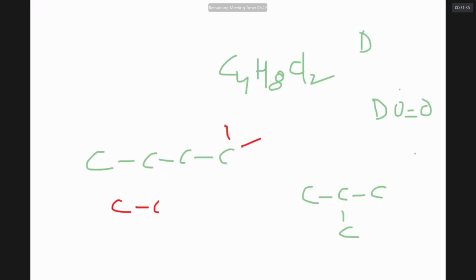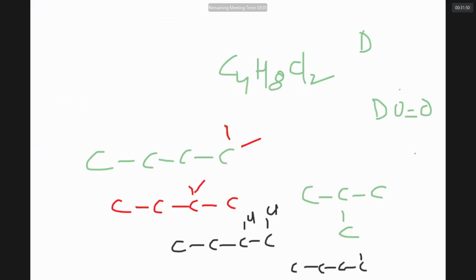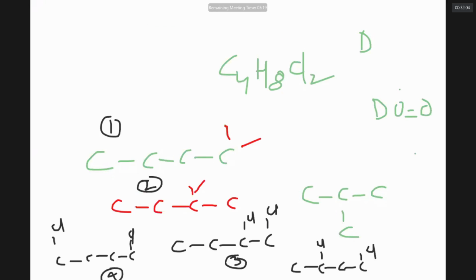I can keep on varying. I can put both Cls on carbon 2. I can put 1 Cl here, 1 Cl here. So how many possibilities did I write so far? 1, 2, 3, 4, 5 possibilities.